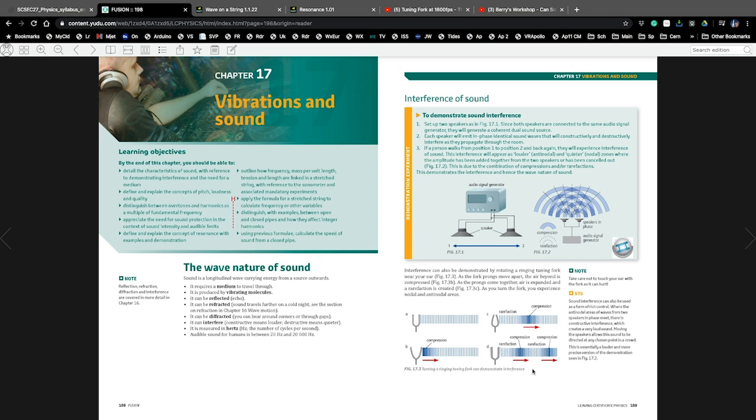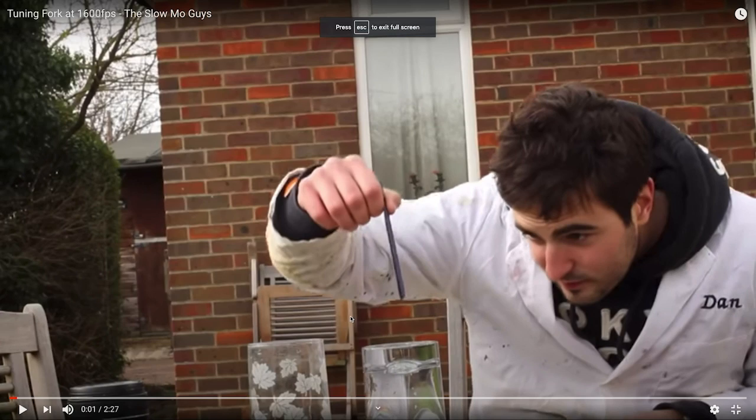All vibrating objects produce sound, like the tuning fork shown down here at the bottom of the page. This is page 189, I think, of your own book. So if we look at a little YouTube video, this one is from the Slow Mo Guys.